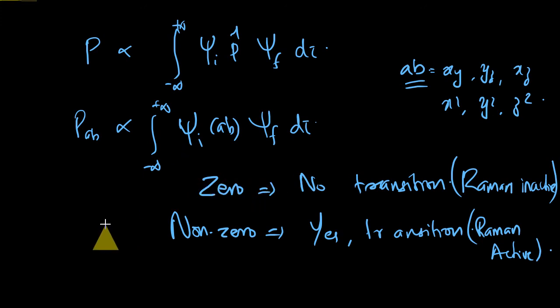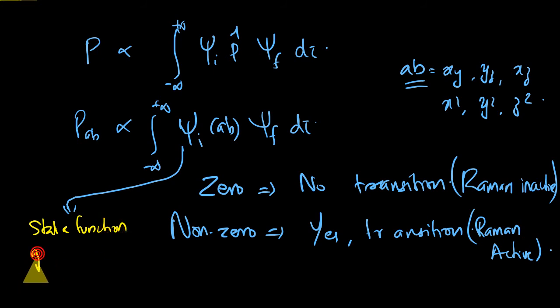Here psi i is the state function representing the ground vibrational state, the ground vibrational level.